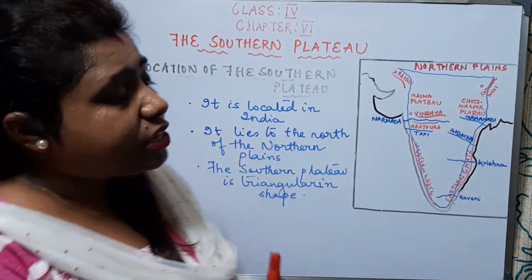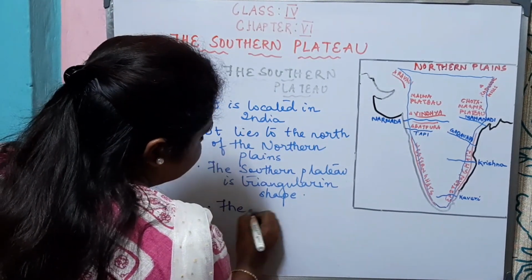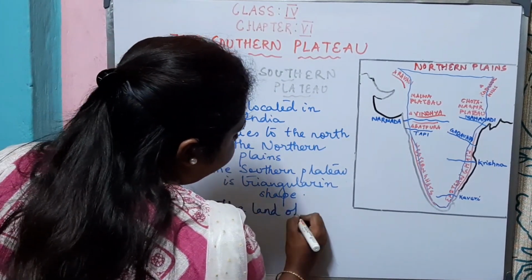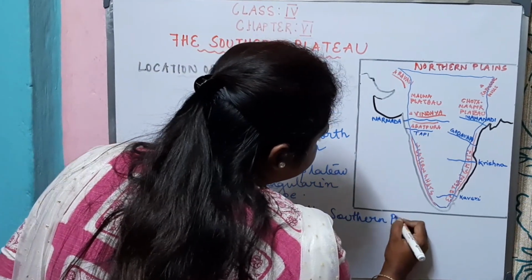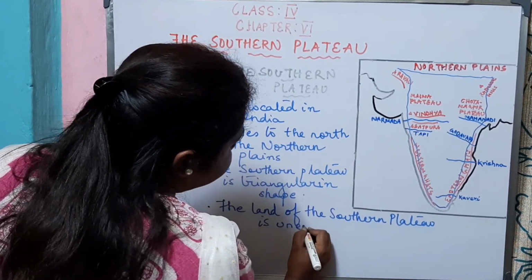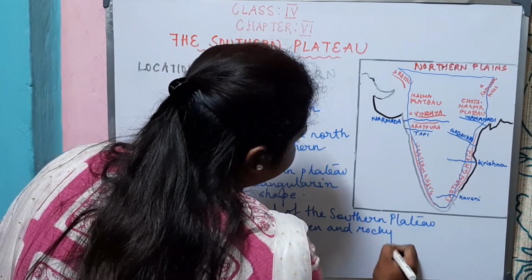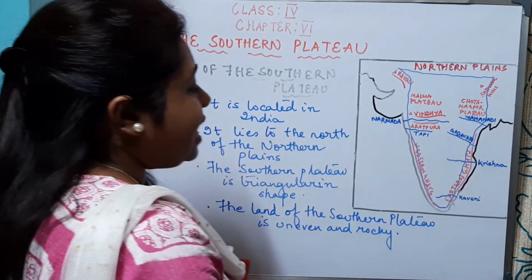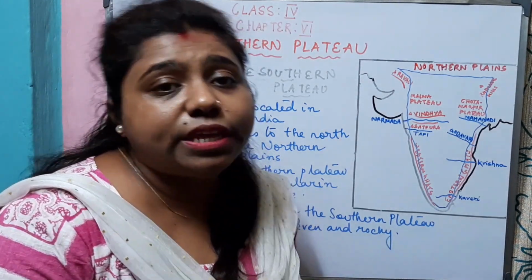Here the land of the Southern Plateau is uneven and rocky. So we can say that the land of the Southern Plateau is uneven and rocky. Now let us see which are the hills that border the Southern Plateau.